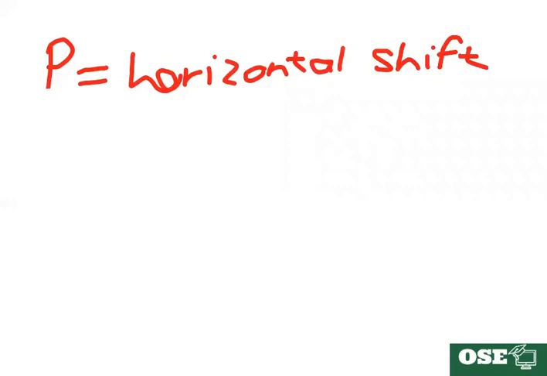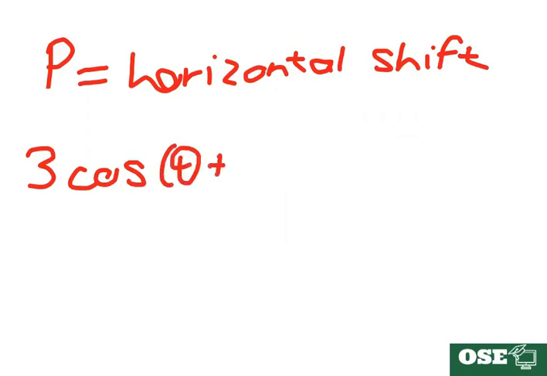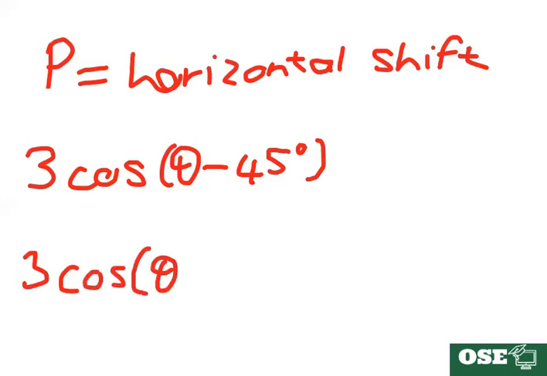Our equation is already 3 cos, and then you're going to have theta plus... sorry, it's a left shift, so minus 45 degrees. Does it make sense? That's the new formula when we shift it to the left. If we shifted it to the right, then we're going to have 3 cos theta plus 45.